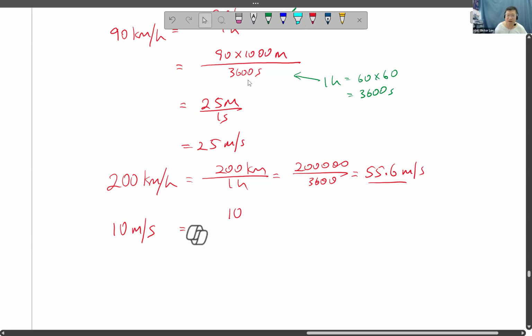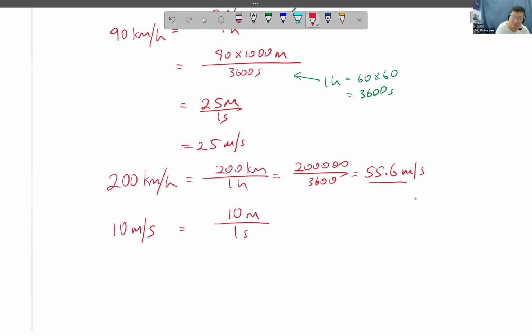Now it's divide. 10 meter over 1 second, right? Then you divide 10 over 1000, converting to km. 1 over 3600. So you press calculator and see what's the value.